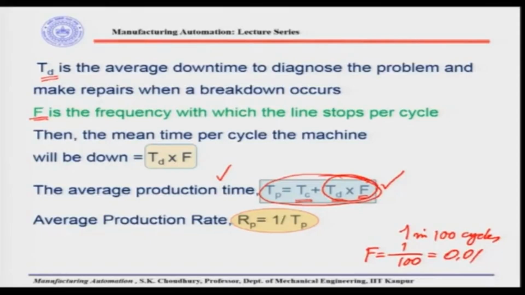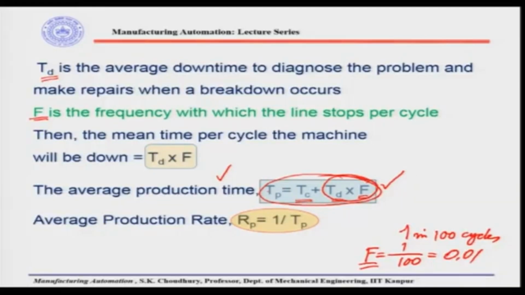Then from the experience of the line performance, we will know that normally, on average, how many breakdowns happen in how many cycles, let us say 1 breakdown in 100 cycles on average, and so on. So, we know the f.